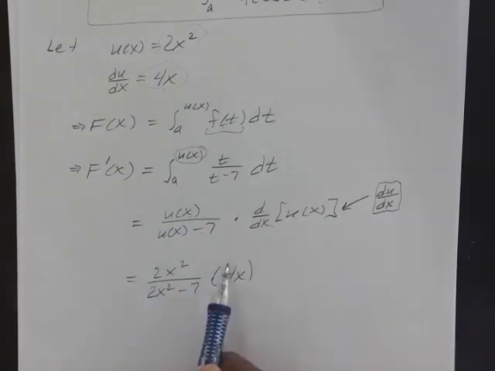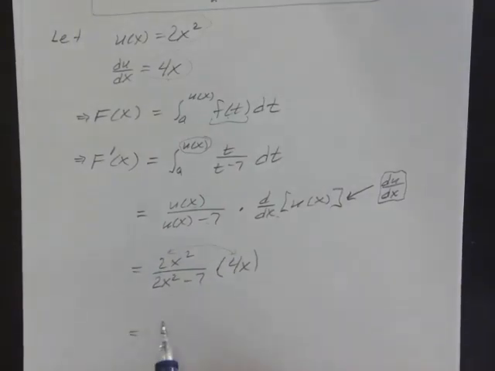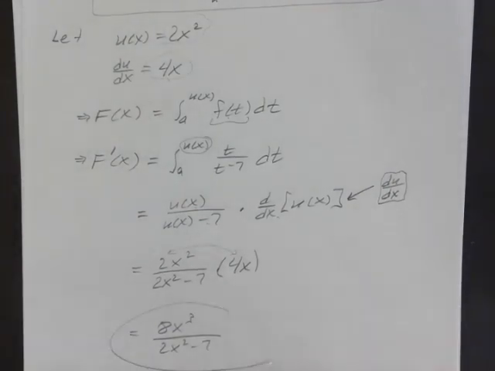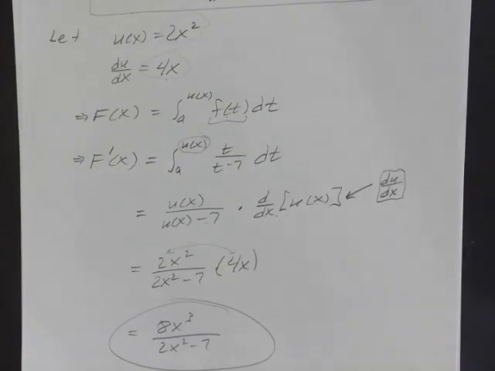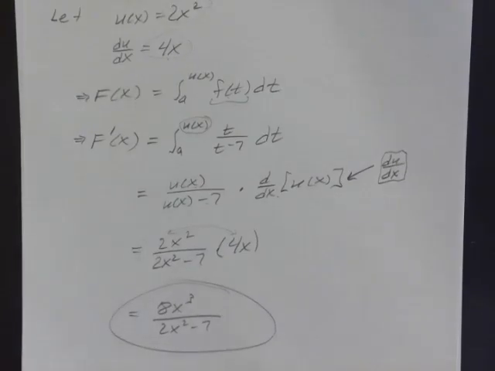Okay, so if we go ahead and just combine these two, that would give us 8x to the third power divided by 2x squared minus 7. And we'll do another example like this one.